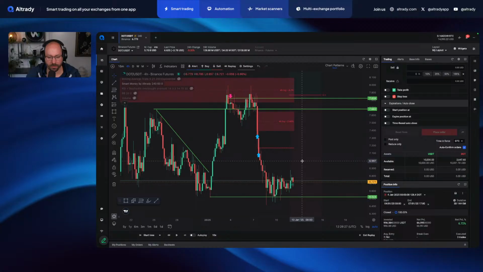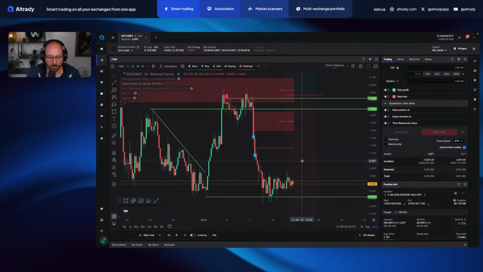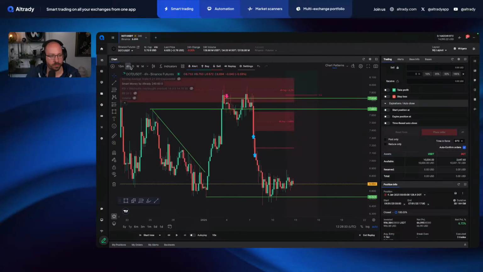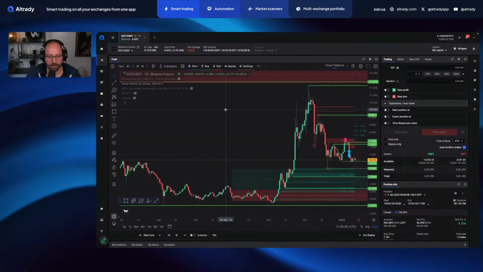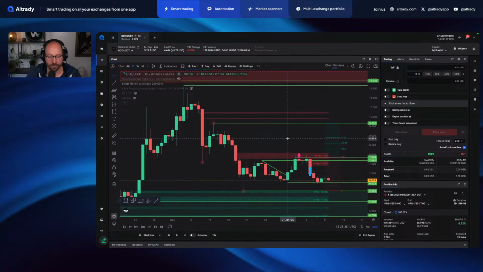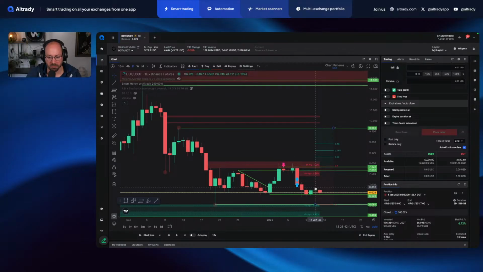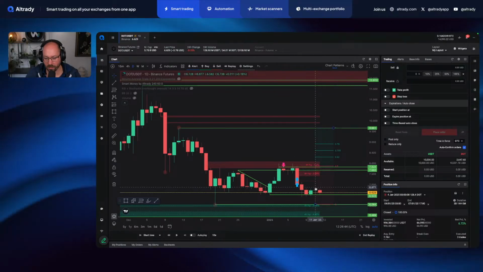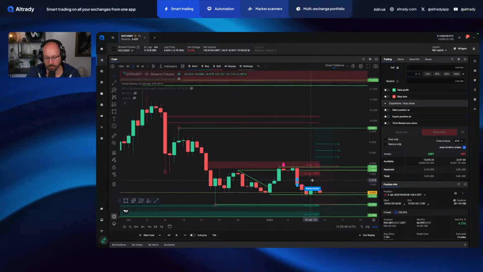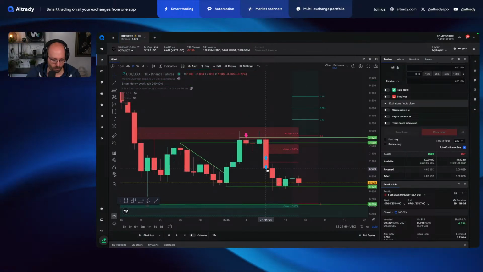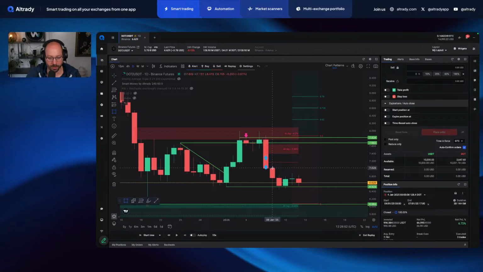It's very difficult. In times like this, maybe you can switch to a higher time frame, like daily, and see if there is anything. Yeah, I don't know. There's a place like this fair value gap, maybe. Yeah, there is one.